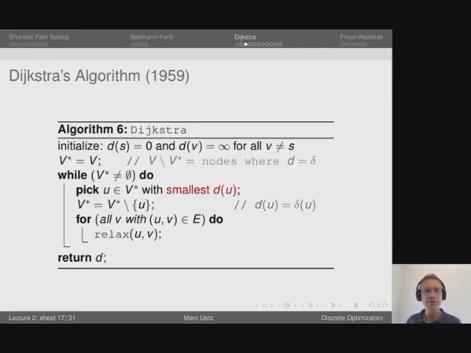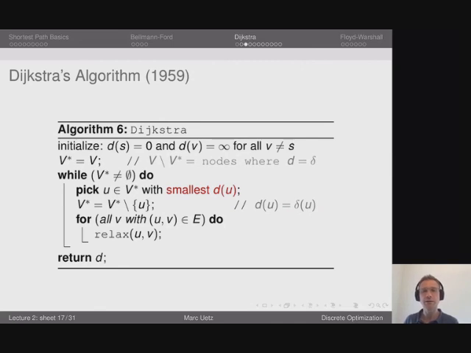So in the very first iteration, all vertices still need to be processed. So the only vertex that we can actually pick is the start vertex because it has label 0, while all the other vertices have label plus infinity. Okay. So we are processing the vertex u with smallest distance label. We are kicking that vertex u out of the vertices that still need to be processed. And the implicit assumption, and actually I'm going to prove that, is that the distance label of this vertex is already correct.